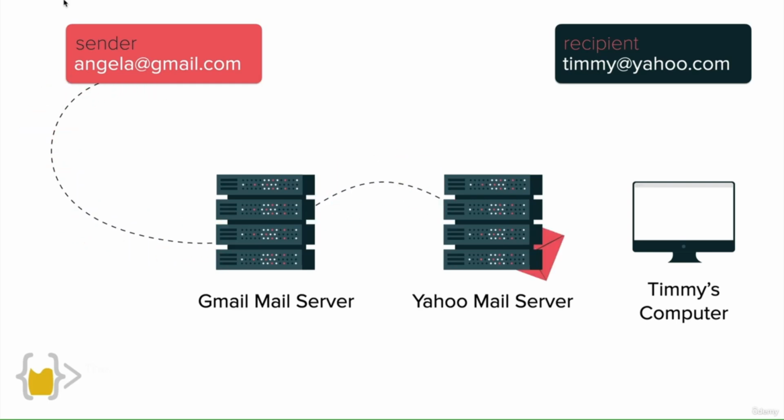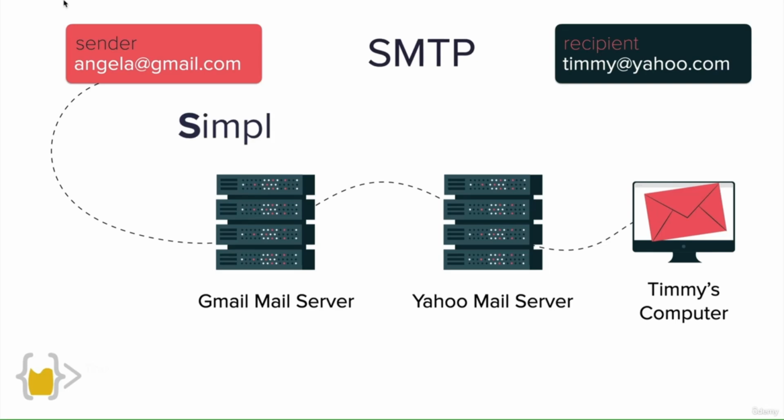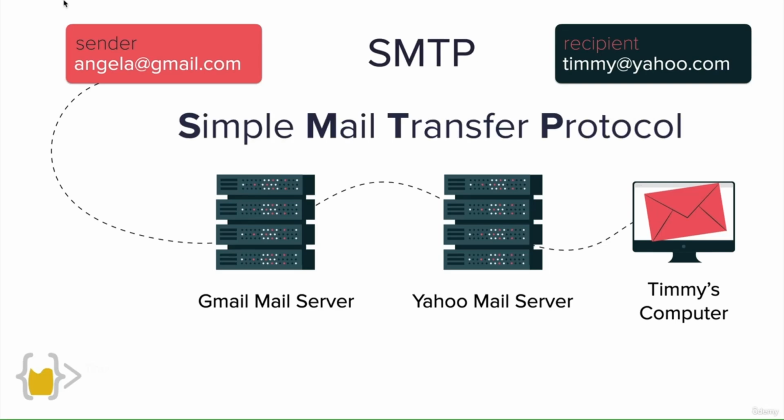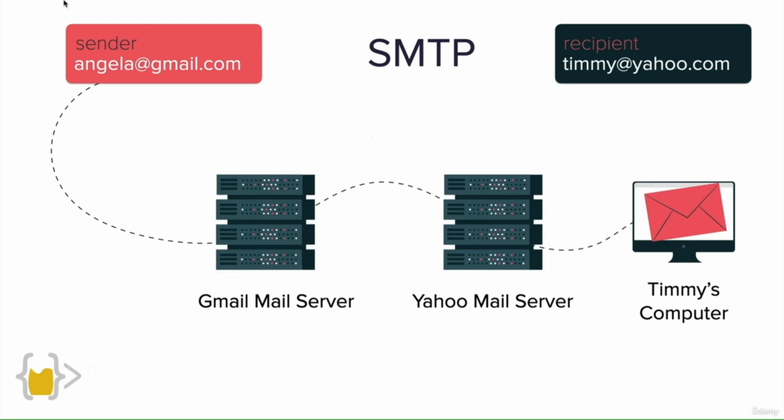So this email is going to move between all of these steps. And in order to do this, it relies on something called SMTP, the Simple Mail Transfer Protocol. And this contains all of the rules that determine how an email is received by mail servers, passed on to the next mail server, and how email can be sent around the internet.